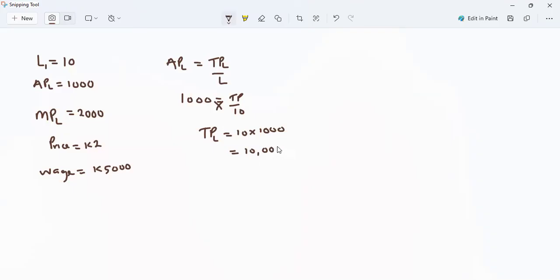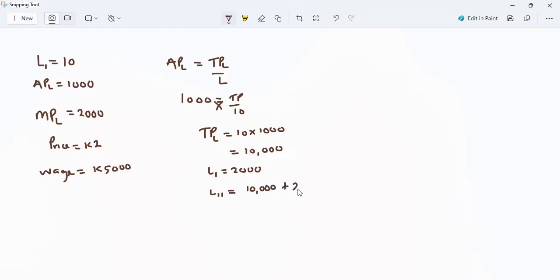But there's one additional worker who wants to join them. This additional laborer is bringing in how much? 2,000. So when this additional laborer joins the 10, we're going to have 11 instead of 10. For the 11 laborers, the total product will be the 10,000 for the 10 and the 2,000 for the additional laborer.